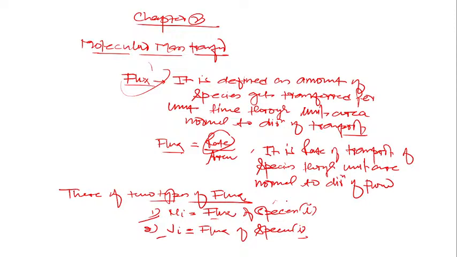Now again, if you want more clarity about the flux Ni and Gi, listen. Ni is the flux of species I, meaning how much amount of species I has been transferred through unit area, unit time with respect to a stationary observer, with respect to a stationary reference frame.